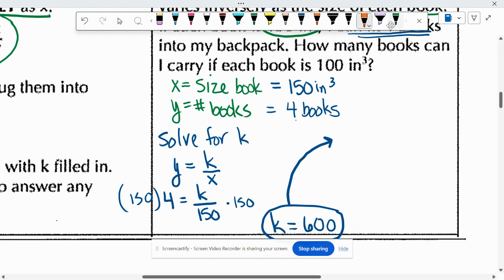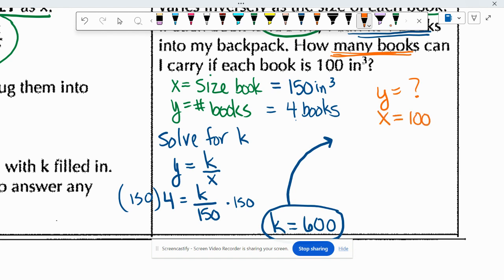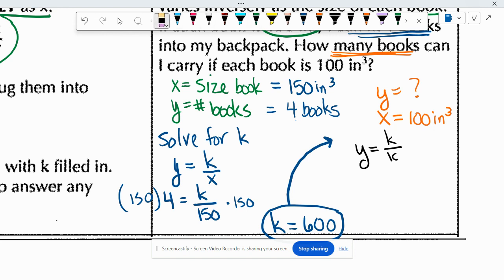Now we're going to figure out how many books. So it says, how many books can I carry? So we're trying to figure out what the Y value is because Y is the number of books. If each book is 100 inches cubed, if X equals 100 inches cubed, you're going to use that inverse variation equation, Y equals K divided by X, and you're going to plug in your numbers.